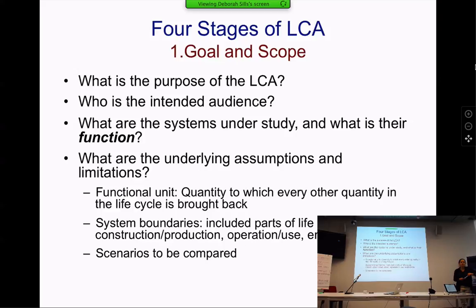The system boundaries, here's where you decide which stages of the life cycle you are going to include in your study. I once read part of a book about life cycle assessment, and he described it as this multi-limbed Indian god or something, because if you want to do the whole life cycle, and let's say you're trying to do an assessment of electricity, you might include the steel that was produced to make your electricity plant.